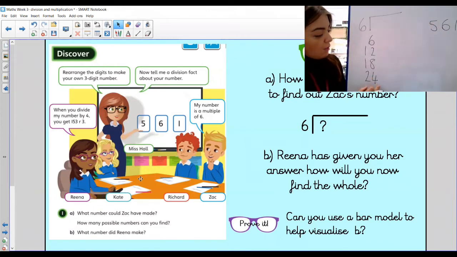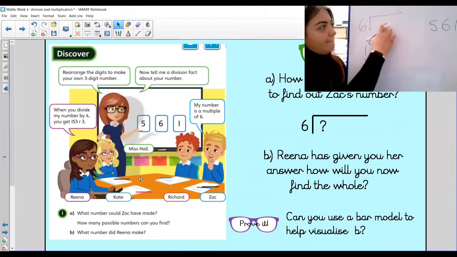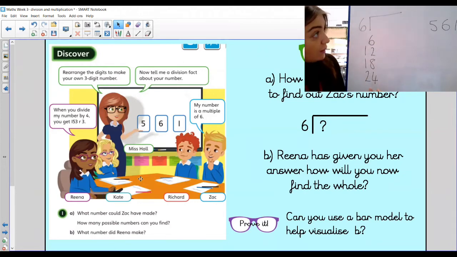What I did first was think about what numbers I could end in so that it would divide equally. So far, all I've got is a 6. A 2, I haven't got a 2. I haven't got an 8, so I can't make my end number fall in a multiple of 6.